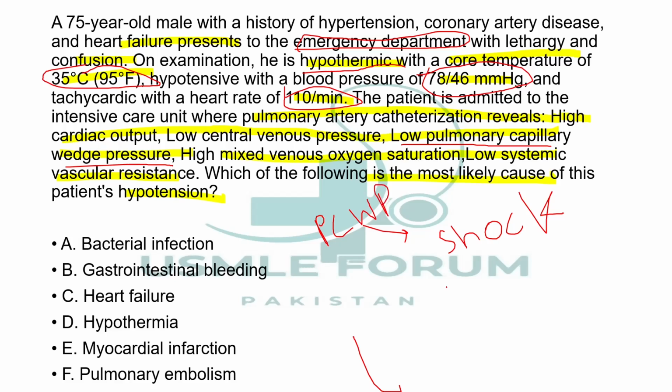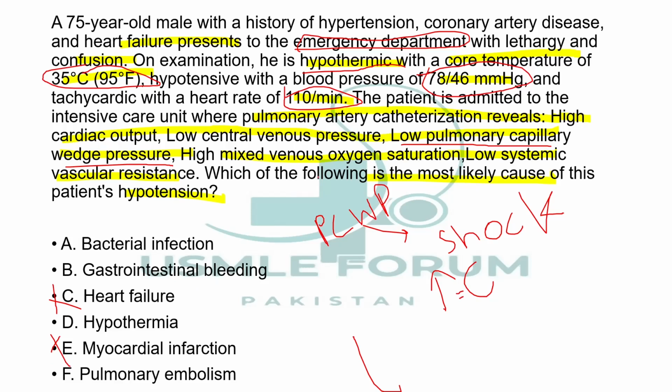There are 4 different types of shock: hypovolemic, cardiogenic, obstructive, distributive. So if PCWP is high, it is cardiogenic. If it is low, then it is not cardiogenic. So anything related to the heart is the wrong answer.